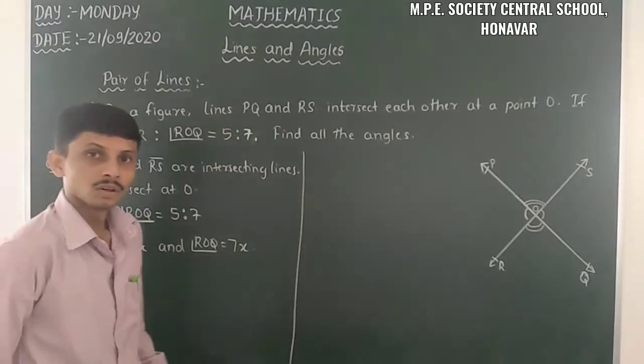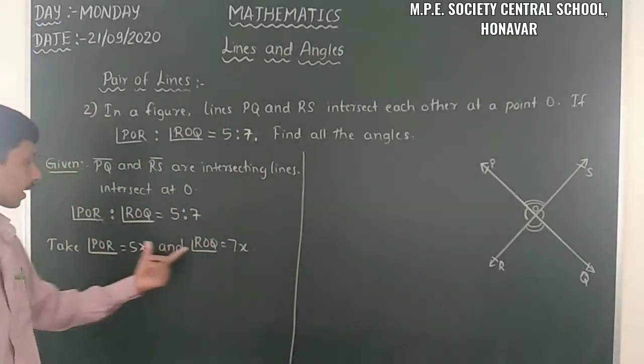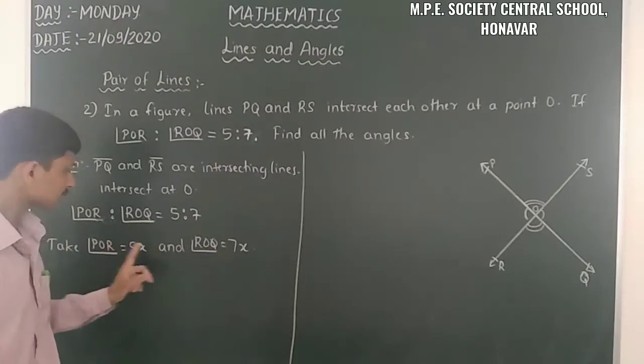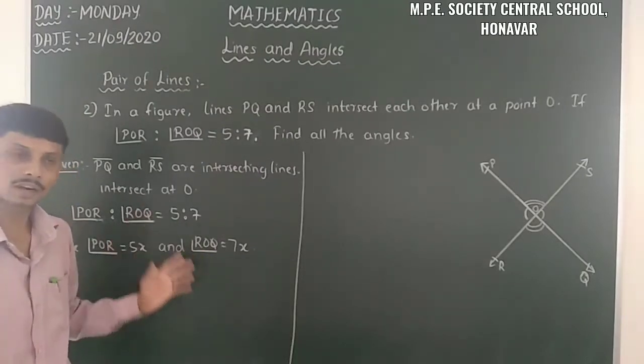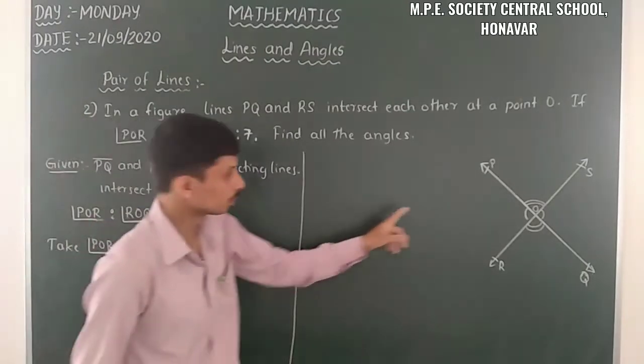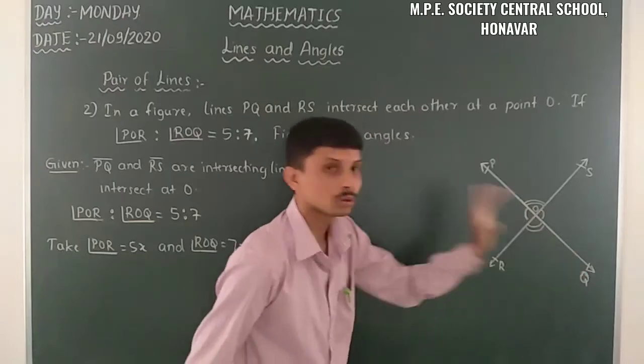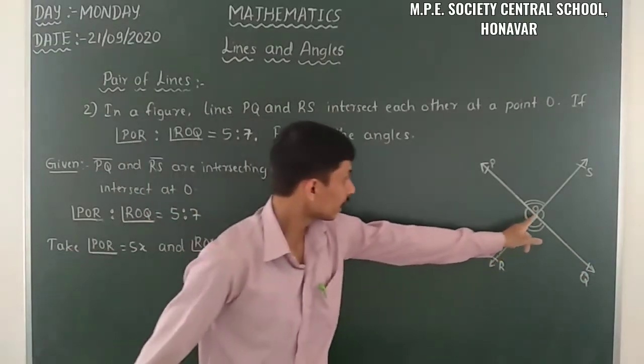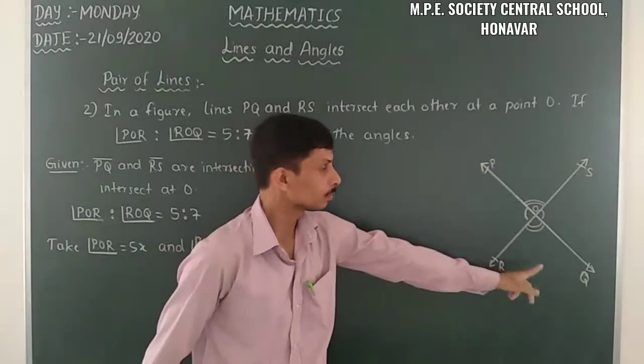Okay, so here we have two angles. Let us find whether they are adjacent angles or not. POR and ROQ are both adjacent angles, since ray OR stands on line PQ.